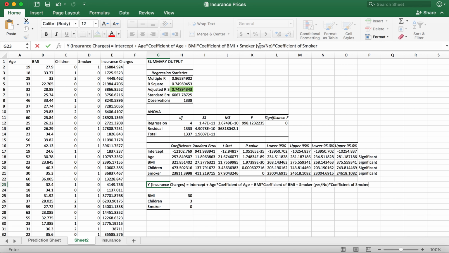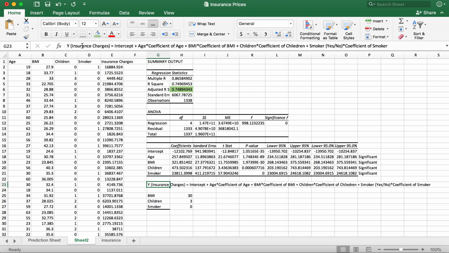Let's turn that into a yes with the proper formatting, plus the final one, children times coefficient of children. So once again, let's do a quick run through.